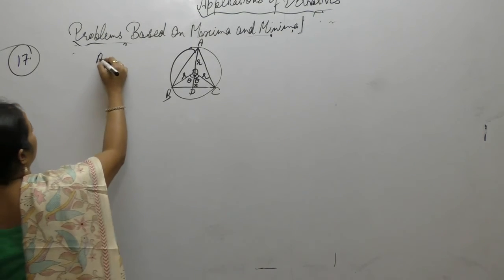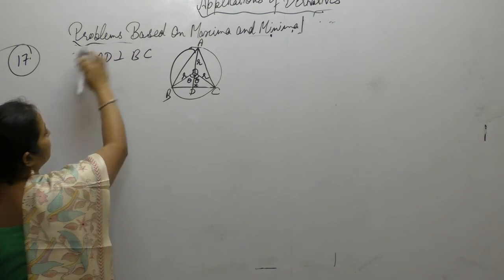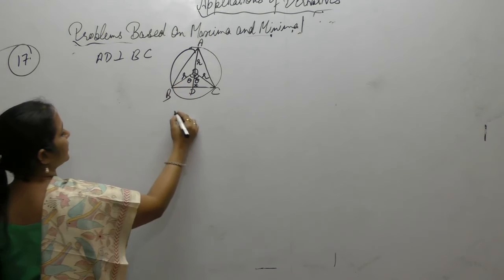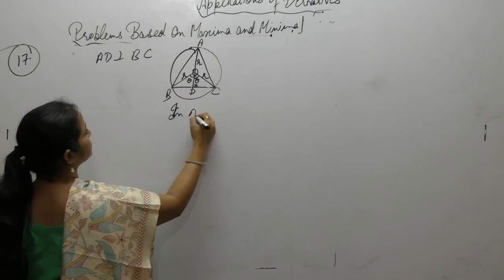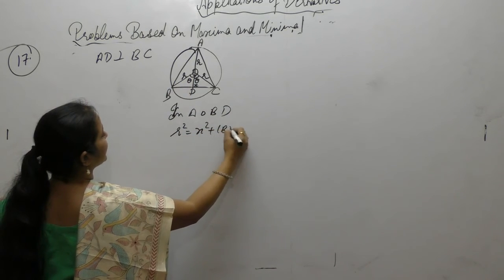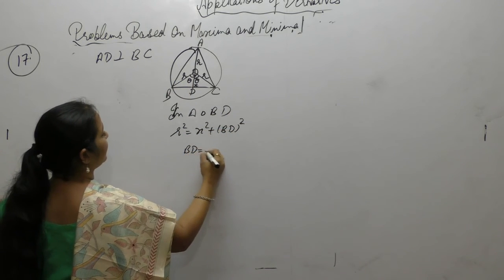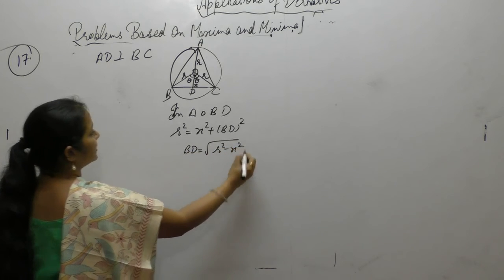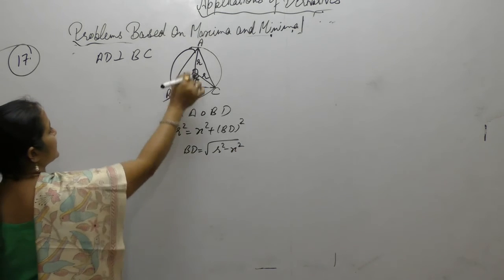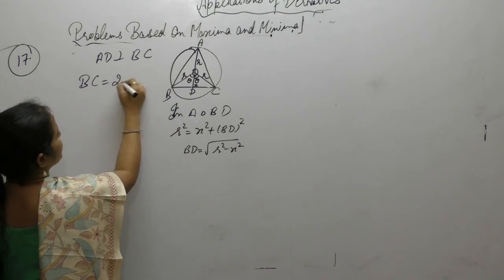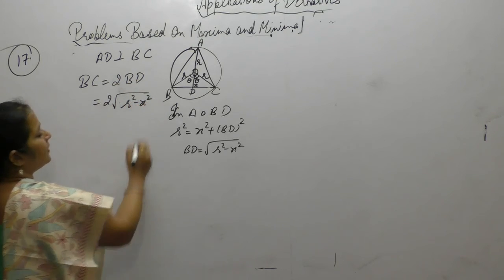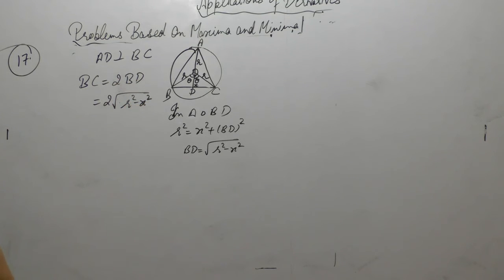AD is perpendicular to BC. Using Pythagoras theorem in triangle OBD, R square is equal to x square plus BD square. So we get BD as square root of R square minus x square. Since this is perpendicular, BC is 2 times BD, that is 2 times square root of R square minus x square.